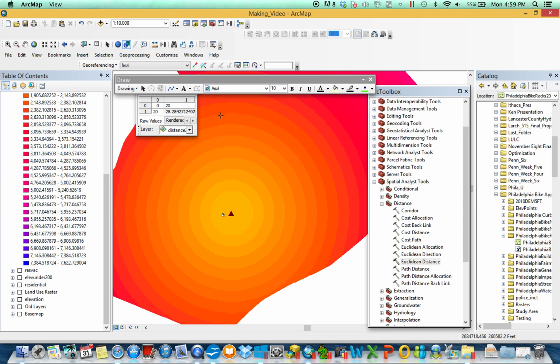Or you could say any of these points are that far away from where this is, right? So here, this area of space, because there's not necessarily an object, is defined by being 2,532 feet away. This area of space is defined as being 1,700 feet away, and this area of space is defined as being 1,843 feet away.